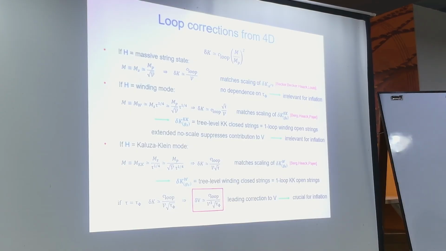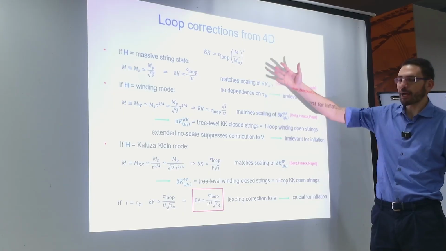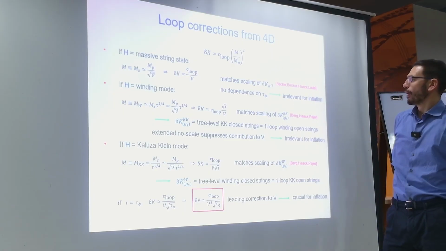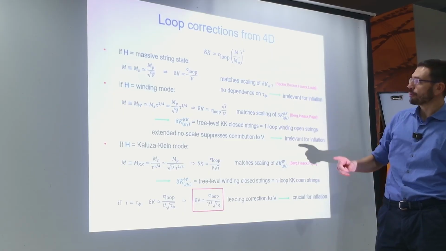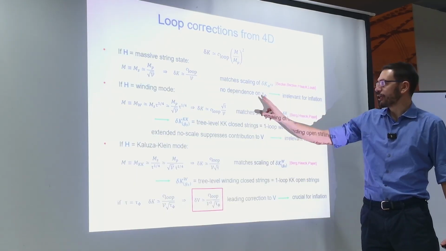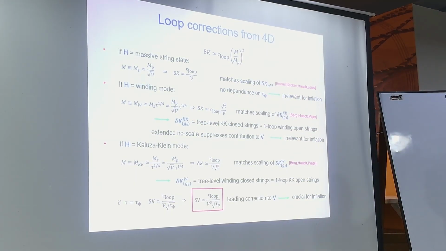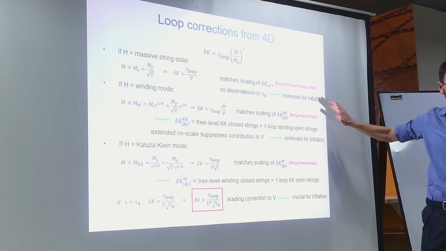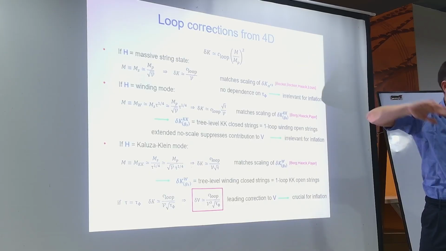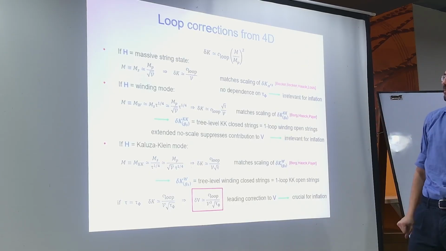This makes sense because this correction should be related to integrating out stringy states. So this interpretation makes sense. There is no dependence on the inflaton, so that's not important for understanding how the potential for the inflaton looks like.